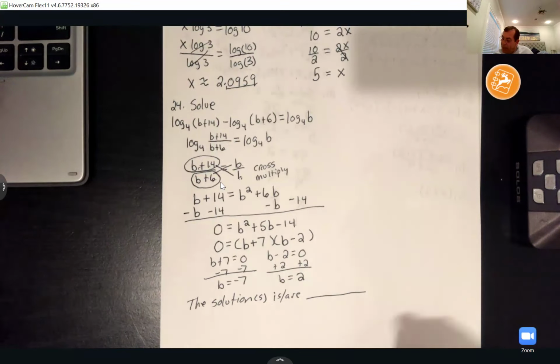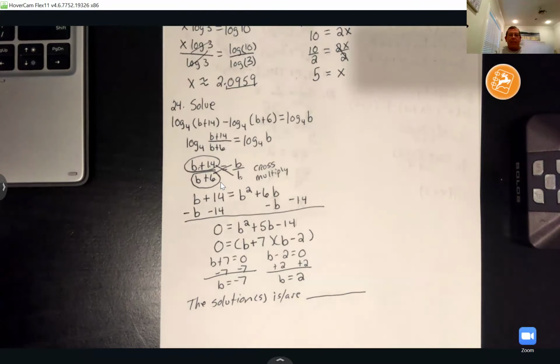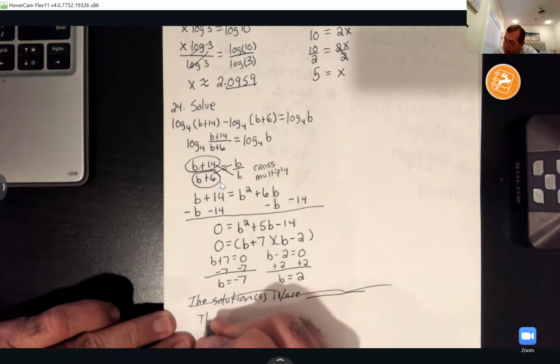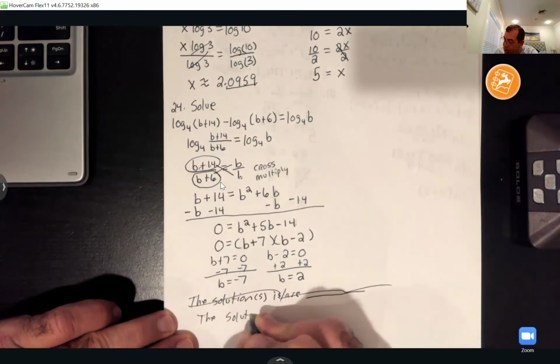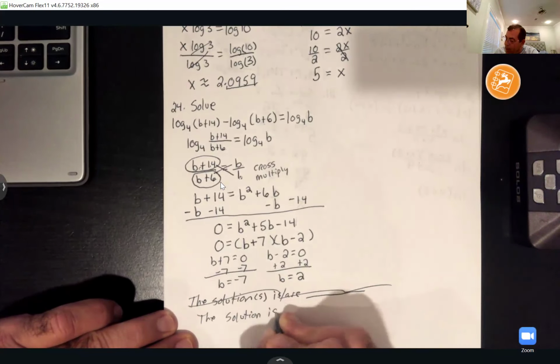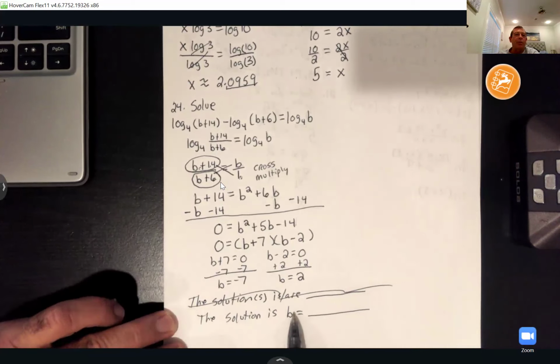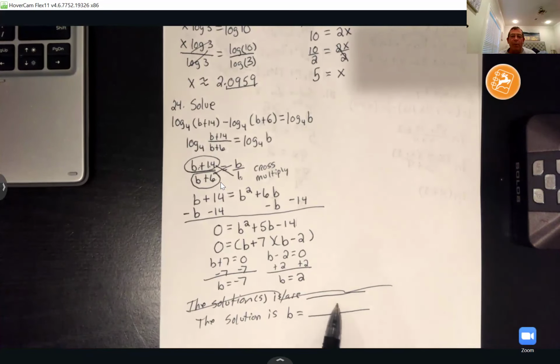Oh, on this one it says the solution is b equals blank. So you don't have to put the equals and all that. But what am I putting in the blank? What's my solution?